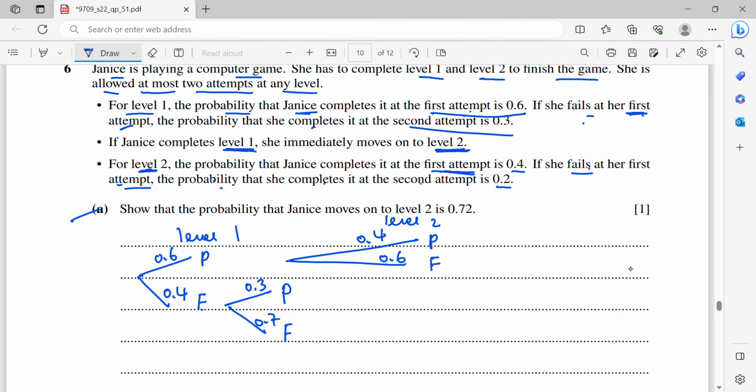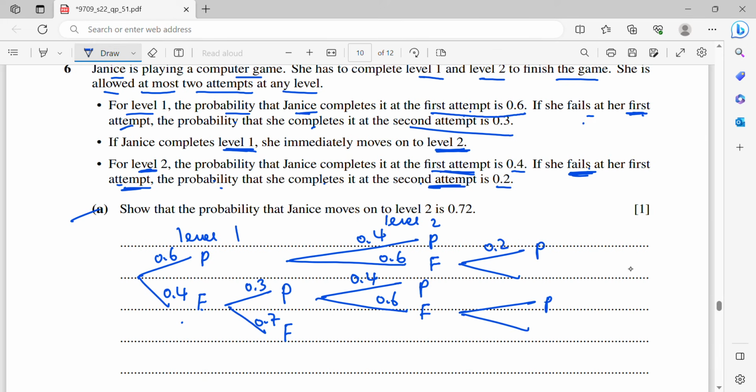Okay, so for here, this can be pass, this can be fail. Okay, again, this is 0.4, 0.6. Now, there's no extension for this F because if she already fails 2 times, 2 attempts, then she cannot proceed to level 2. Alright? So then, now, if she fails at the first attempt, the second attempt will be 0.2, pass. So here, pass, 0.2.